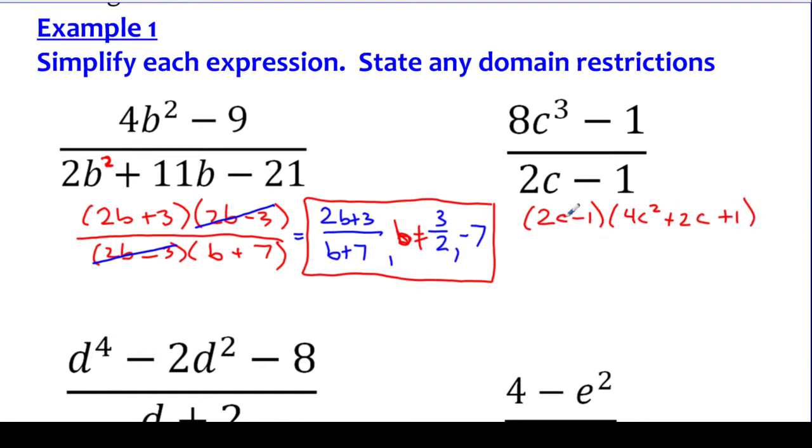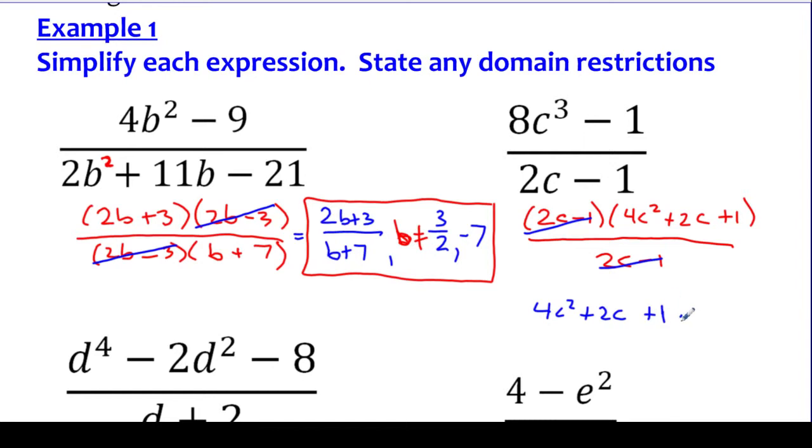So this would be the difference of cubes formula. On the bottom, I also have a 2c minus 1. And so now, if you notice, I have this cancel happening, 2c minus 1 and 2c minus 1. So my final answer here is the 4c squared plus 2c plus 1, which doesn't factor anymore. That's as factored as that gets.